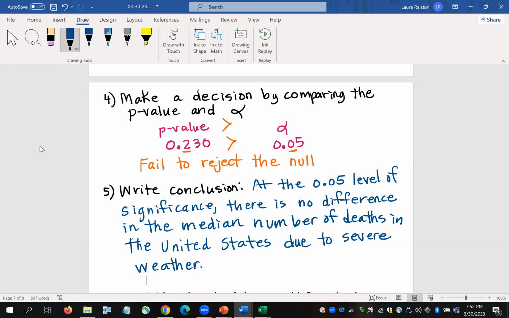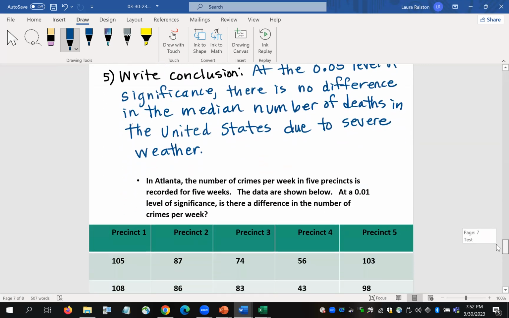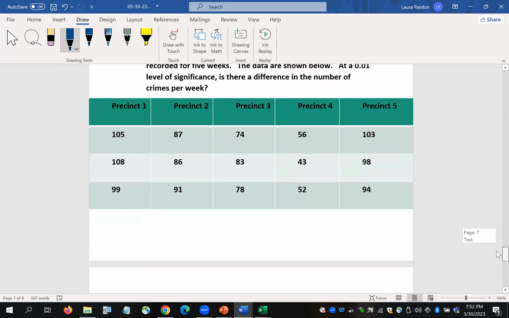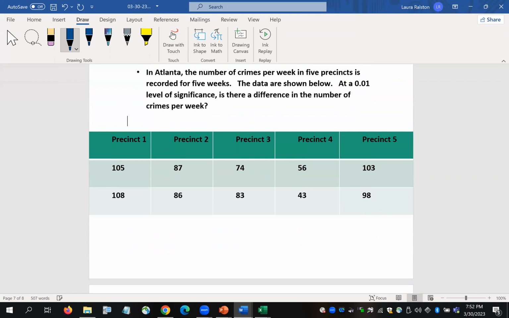Guys, the process has not changed. The biggest difference here with Kruskal-Wallis is, one, you're comparing the median because we are not assuming the distributions are normal. The other issue, and again, it's one that I missed, is the way that you have to enter the data.